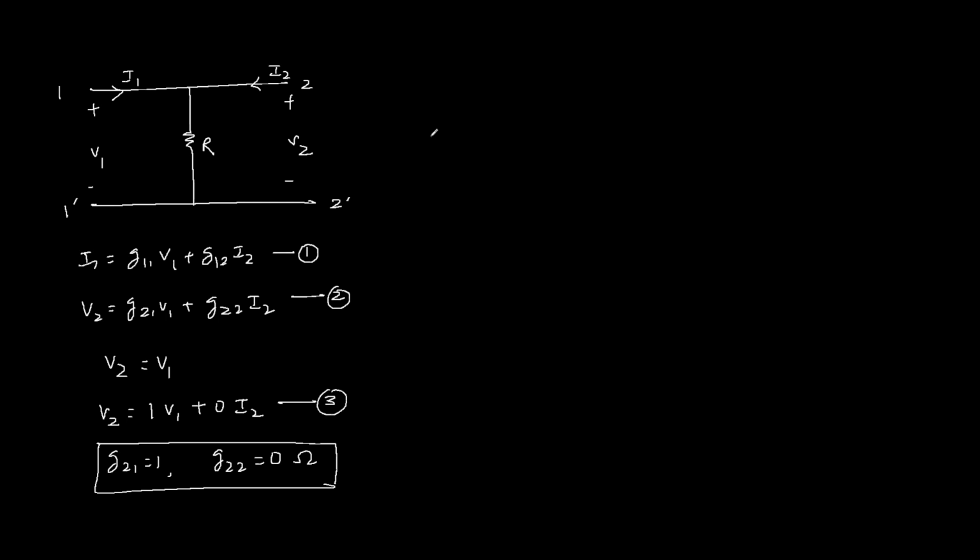Now we have to write another equation. Current through resistance R is I1 plus I2. So by applying KVL in this loop, we can write the equation: rise in voltage V1 and then drop across R, which is R into I1 plus I2.